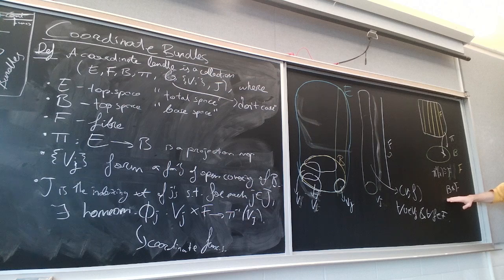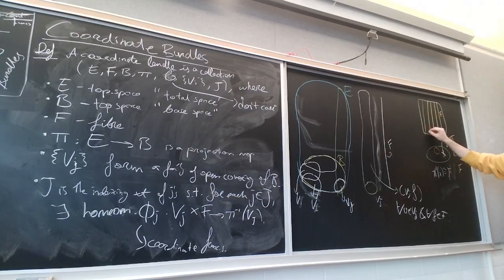The problem is that this is topologically too simple, and in some cases not necessarily interesting. You can have something more complicated. So instead of demanding that the whole thing can be split into a base piece and a fiber piece, what we really require is that locally, if I took a region here, do you agree?